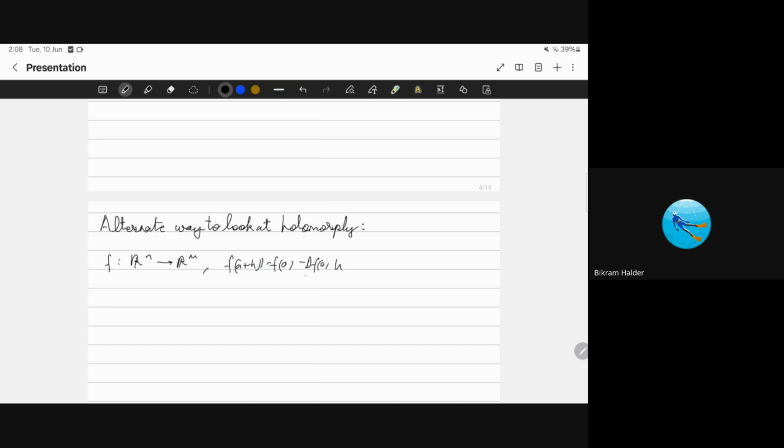In particular, this Dfa is an R-linear map from Rn to Rm. But when we are interested in C to C, then when we want to approximate this by a linear map T, it should be a C-linear map, that means a linear map from C to C.